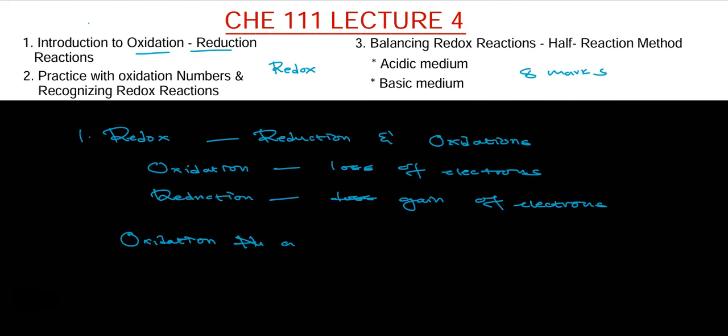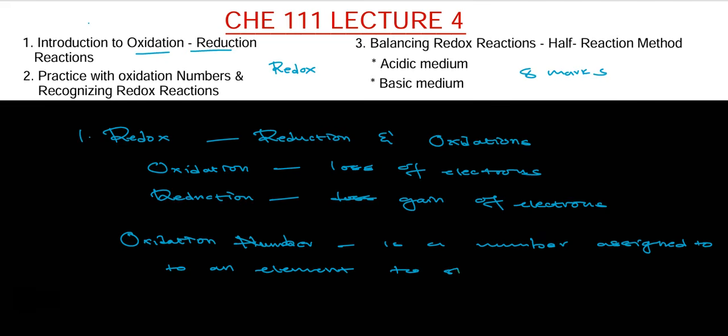An oxidation number is a number assigned to an atom, or we say to an element, to show the degree of its oxidation, which is electron loss, or reduction.